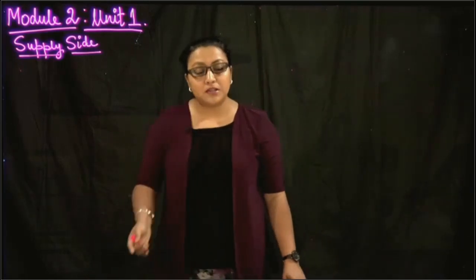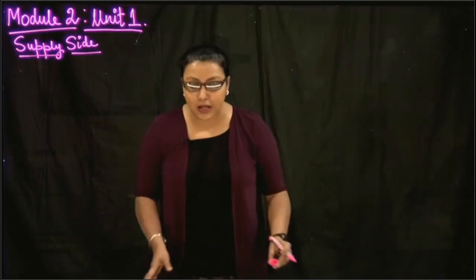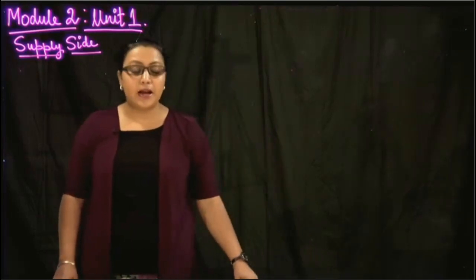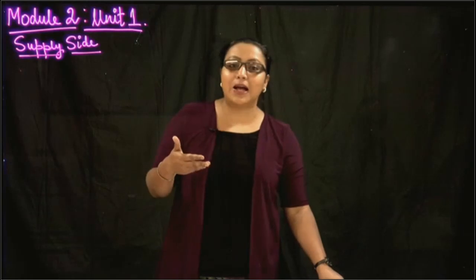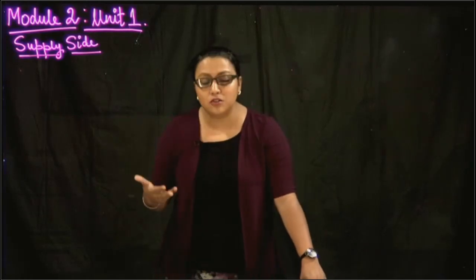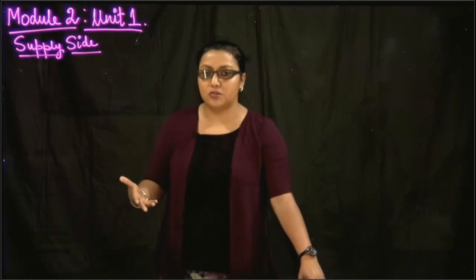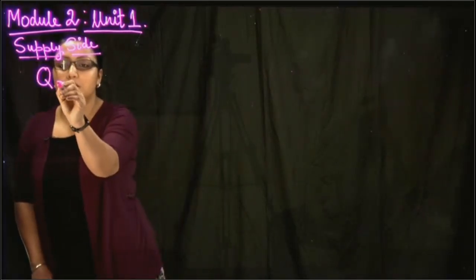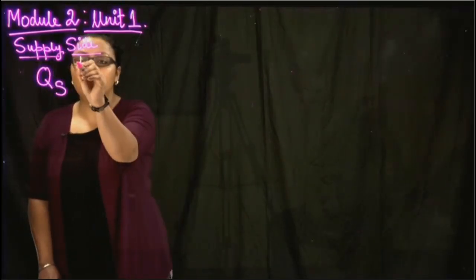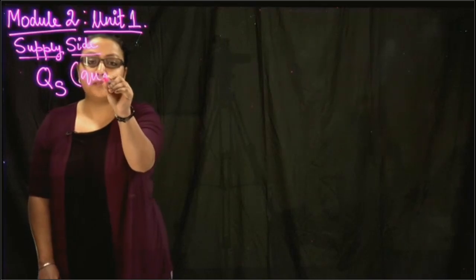So now we are basically looking at the same things. So we are looking at the quantity and price relationship, but the only difference is that now we are looking at it from the seller's perspective or the supplier's perspective. So we will call the quantity here quantity supplied, and we will denote it as QS.